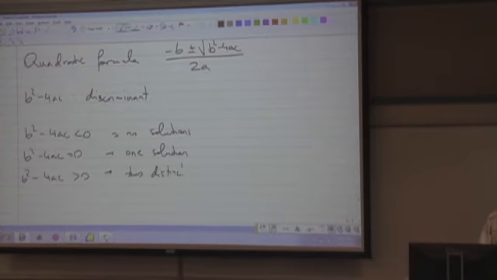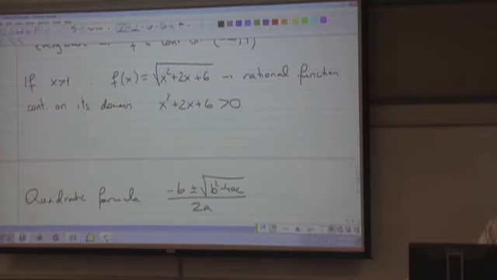So what is the b squared minus 4ac in our equation that we're working with? It's 2 squared minus 4 times 6 times 1, which is 4 minus 24, so it's negative 20, which is less than 0.